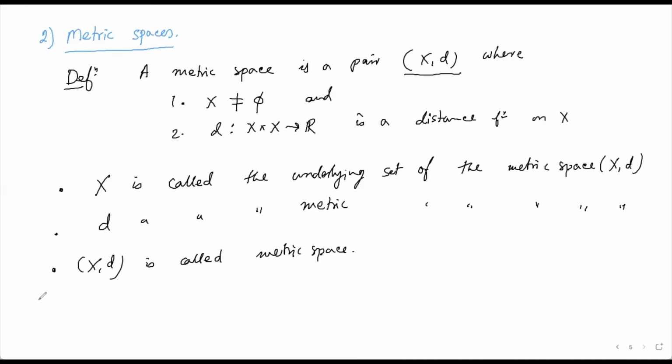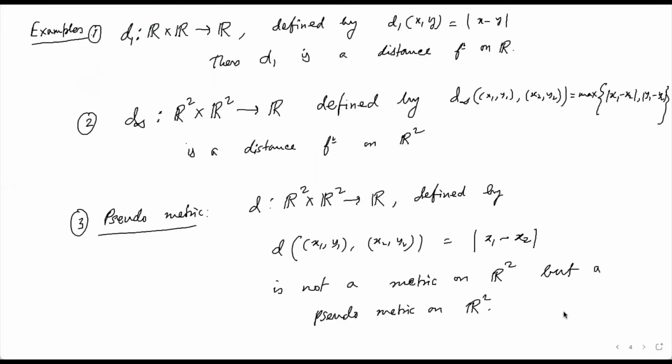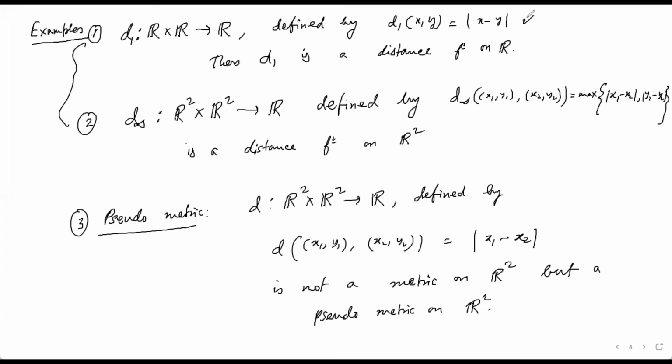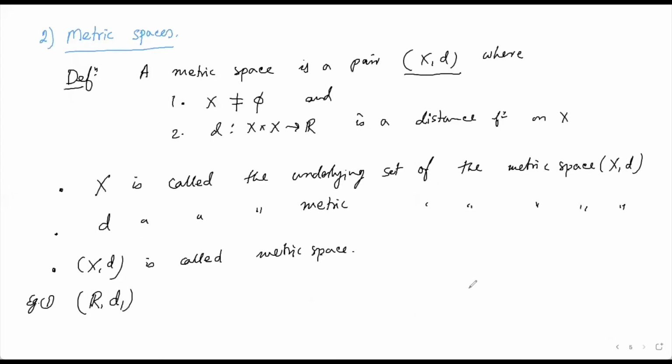Here we have two examples. We have given examples of distance functions, so (R, d1), where d1 is defined here, is a metric space.